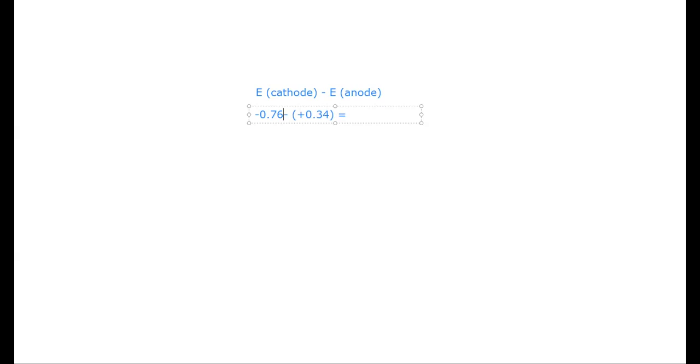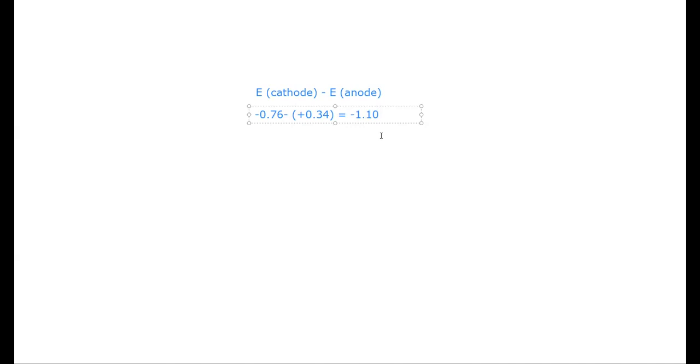What you should have there is a negative. Negative times a positive is a negative, so you have minus that, and it should be a negative 1.10, not positive, but negative.